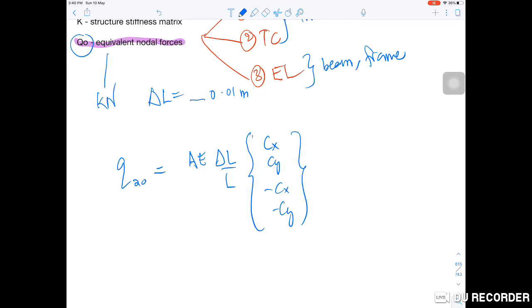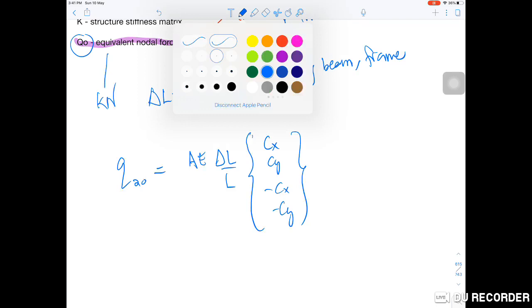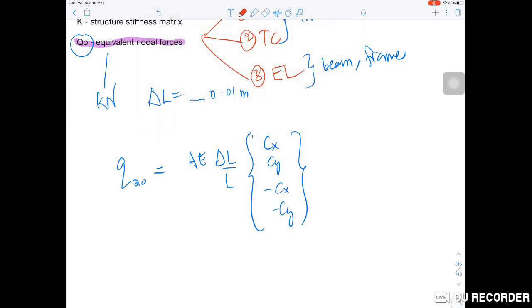AE delta L over L. Why do we need to divide by L? Because delta L, the unit is in meter, and CX, CY have no unit. So if I want to have the K, AE is in kilonewton, and Q is in kilonewton.